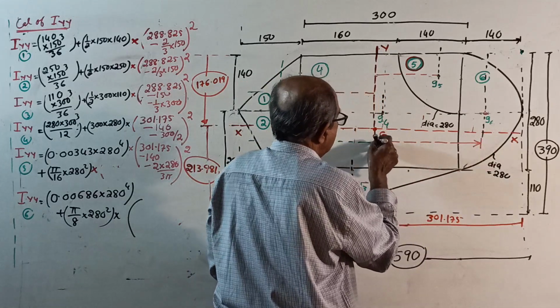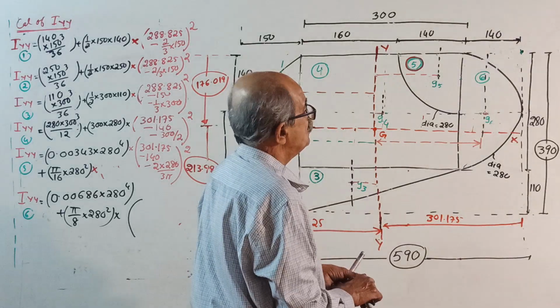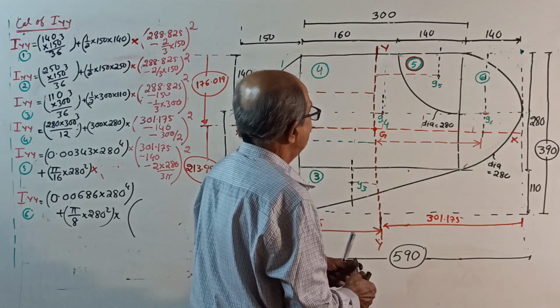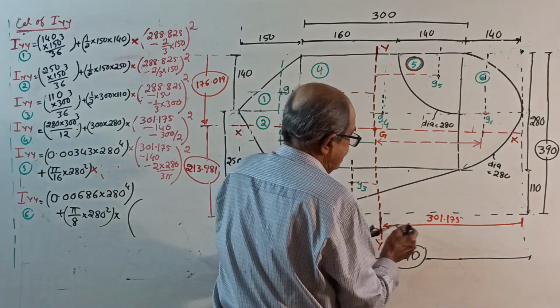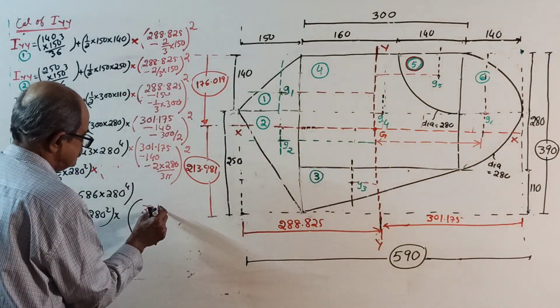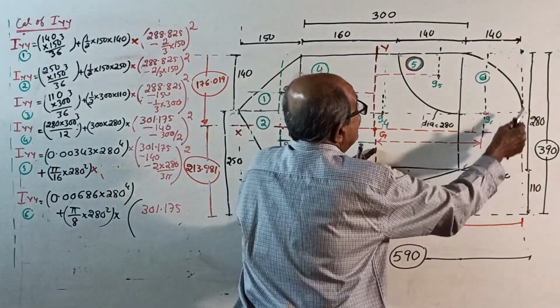This distance squared. See how to calculate now correctly, last chance for you. That distance will be 301.175, which will give you from here to here.